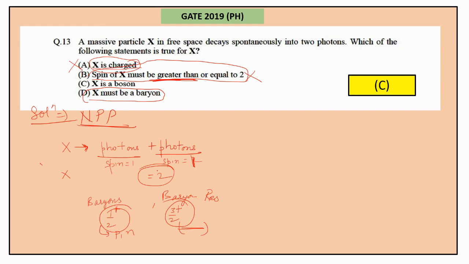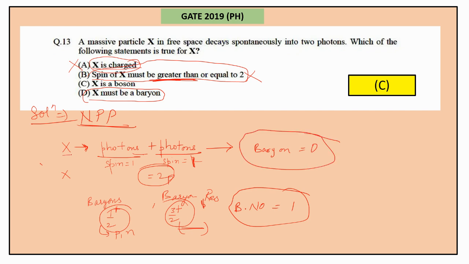So if any particle is a baryon, it should have baryon number 1. Photon is not a baryon. Suppose on the right hand side we have baryon number 0, then on the left hand side also we must have baryon number 0. So this should not be a baryon. So this is also wrong. And X is a boson. Yes, X is a boson. Correct. The reason being that photon is also a boson. So that is why this one is correct.